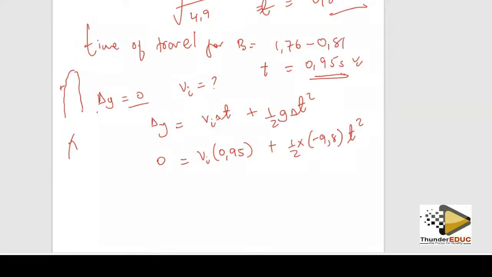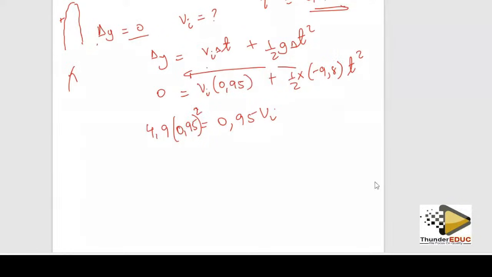I simplify this. I'm going to move this to the left of the equal sign. So that's going to be 4.9 t squared is equal to vi times 0.95. Why am I not replacing t with 0.95? Okay, 0.95 squared.